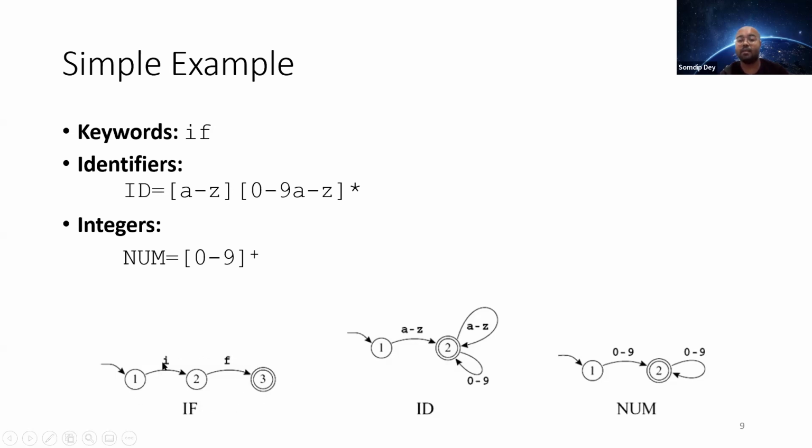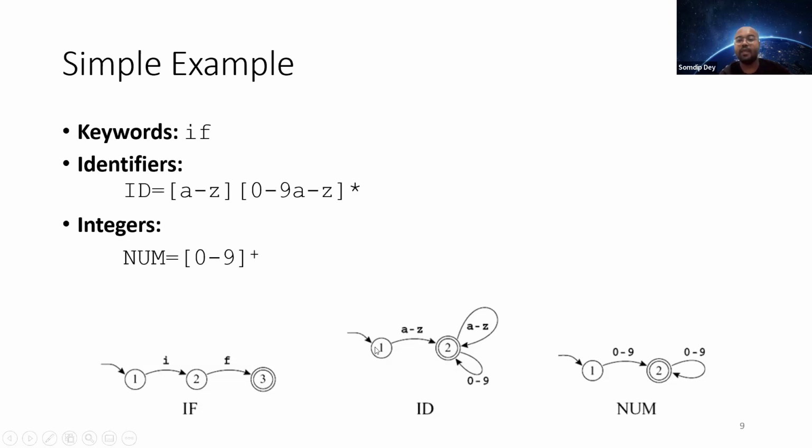So this machine can accept the keyword if. If you have a different character, let's say X instead, then this machine will reject it because that would be IX. But this machine accepts the keyword if.